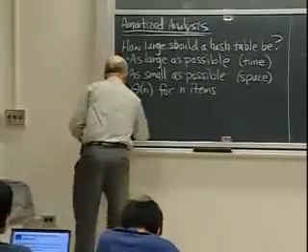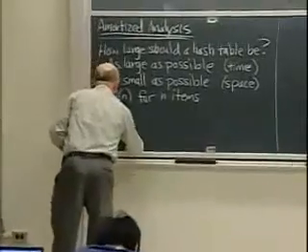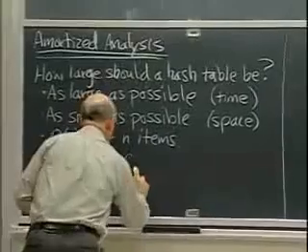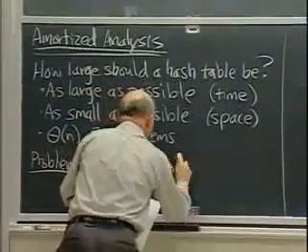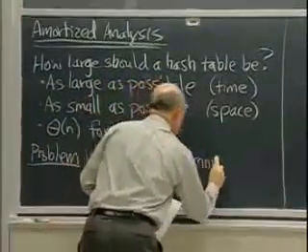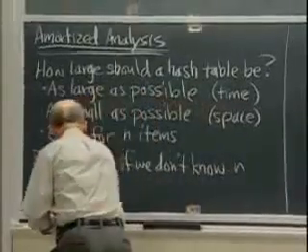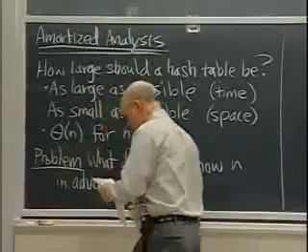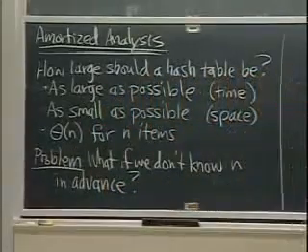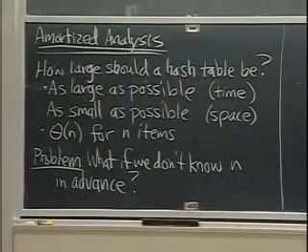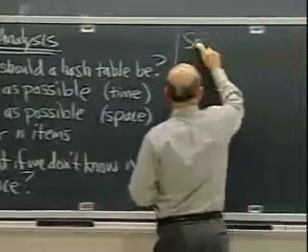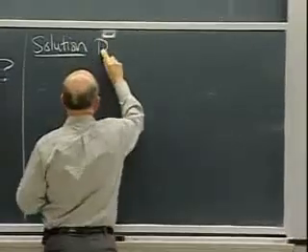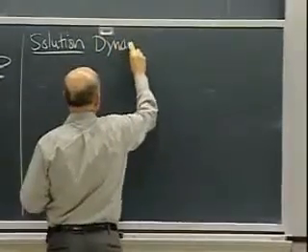So what if we don't know n in advance? So the solution to this problem, turns out, is fairly elegant. It's a strategy called dynamic tables.